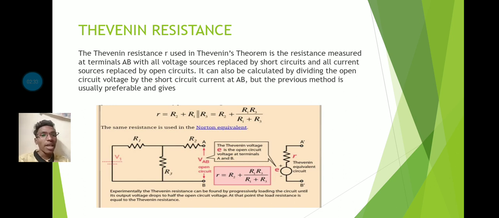This gives R equals R2 plus R1 parallel to R3, that is R2 plus R1 R3 by R1 plus R3. This is the formula for resistances connected in parallel.